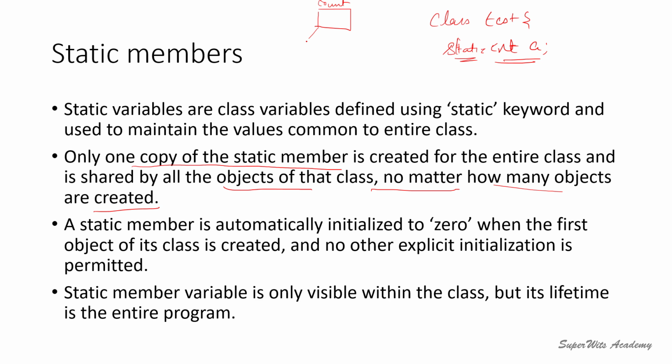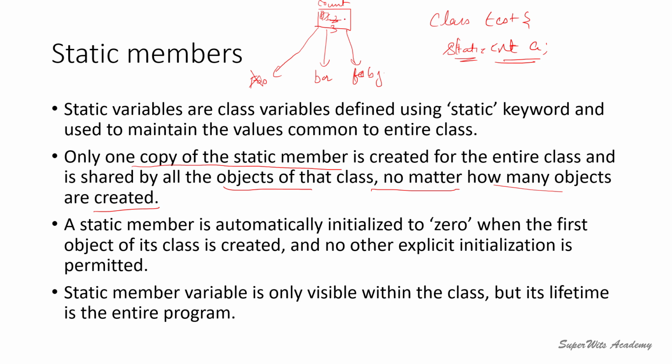So one object was created as foo, and once that object was created, because the default value was 0, the count increased to 1. Then a bar object was created, so the count increased to 2, and then another object we created, let's say fobj, and it increased to 3.